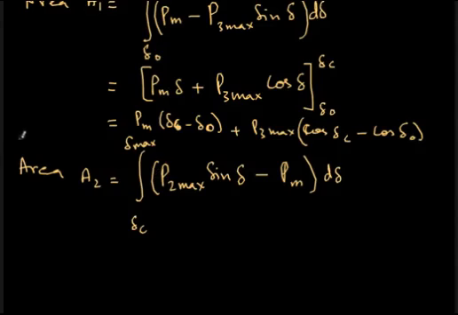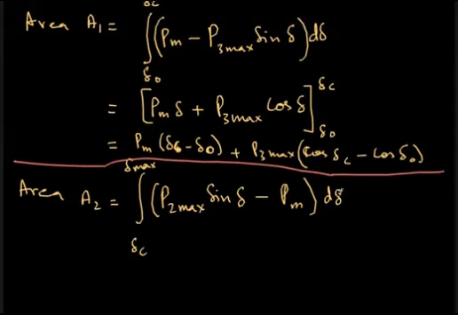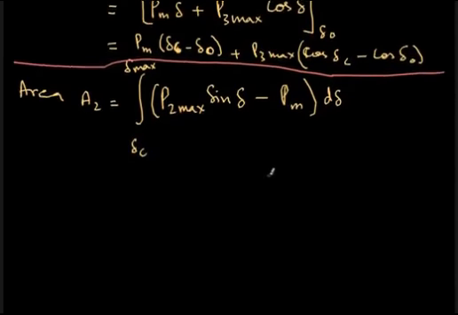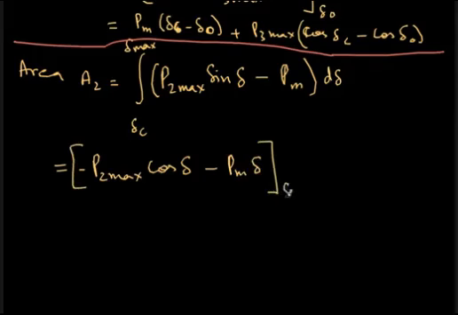Let me add a line in between. So this is area 1, and area 2, let me expand it now. So just look at it. So we get P2 max. Now sine delta integration is minus cos delta, and then the Pm integration will be Pm into delta. And for this the limits are delta C to delta max.